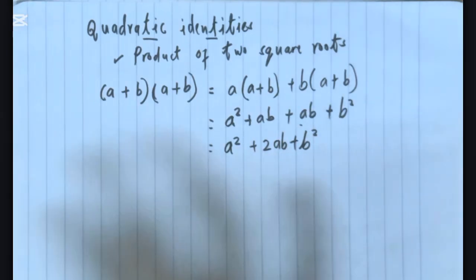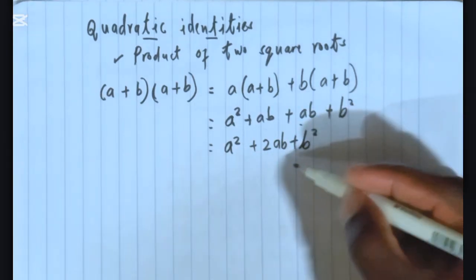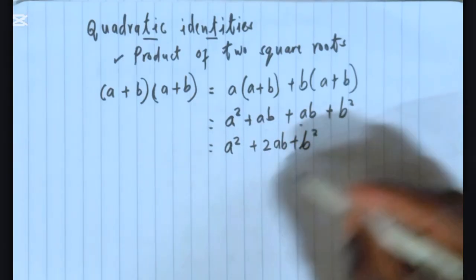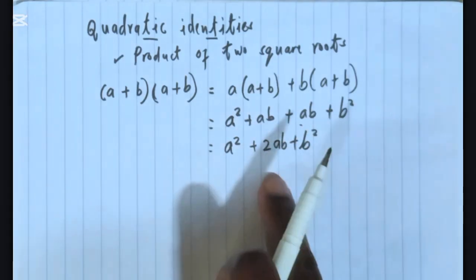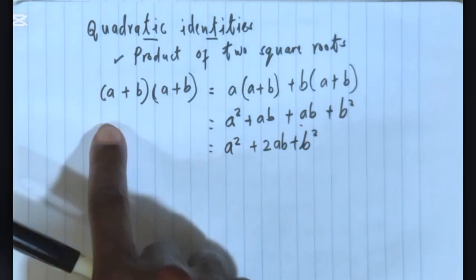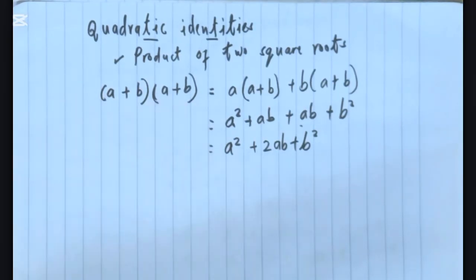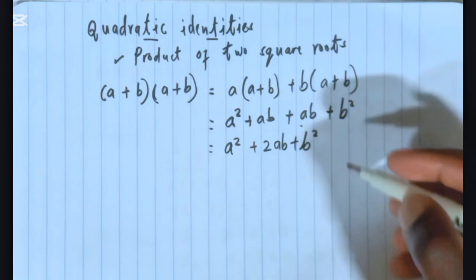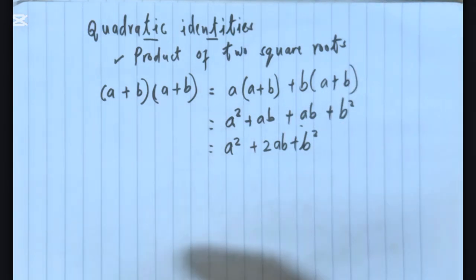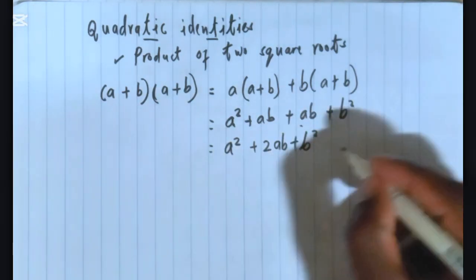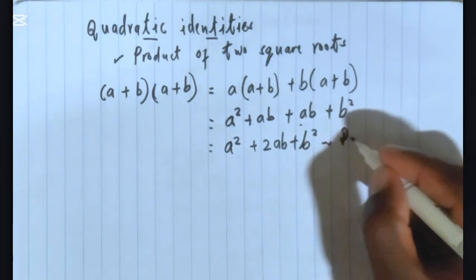Now I want you to think for a moment. How did we get a squared plus 2ab plus b squared? We got it by multiplying these two linear expressions by each other. So this here is what we call a perfect square of a quadratic expression.